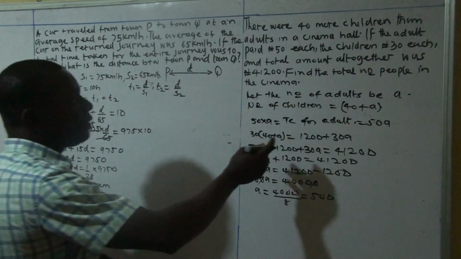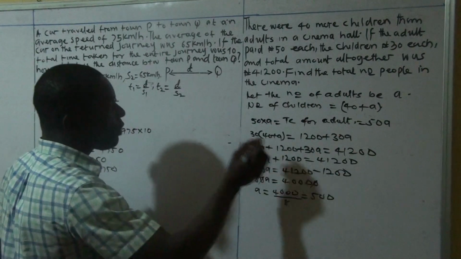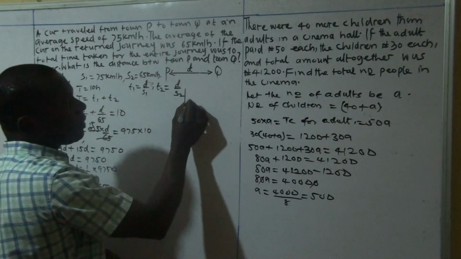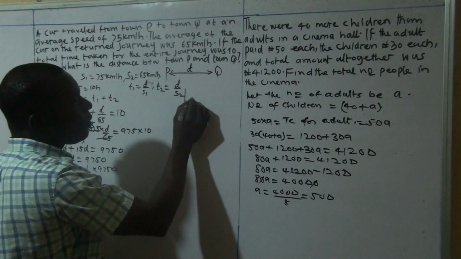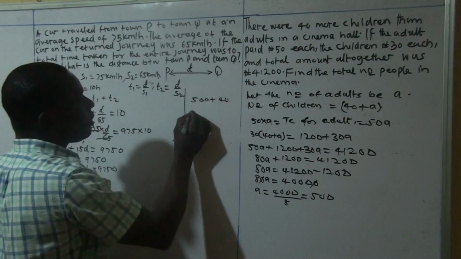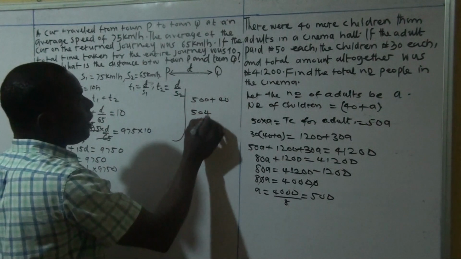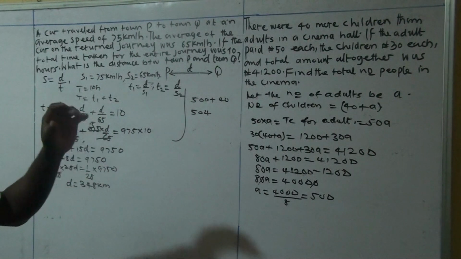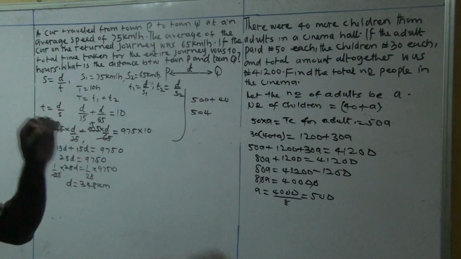That means the number of children will be 500 plus 40, which is 540. But our question asks us to find the total number of people in the hall.